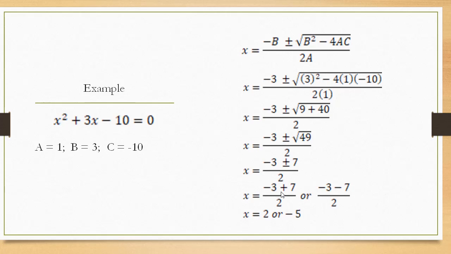So, negative 3 plus 7, 4 divided by 2 is 2 or negative 3 minus 7, negative 10 divided by 2, negative 5. So, mao ni karon ang roots sa imuhang quadratic equation. Nakuha?